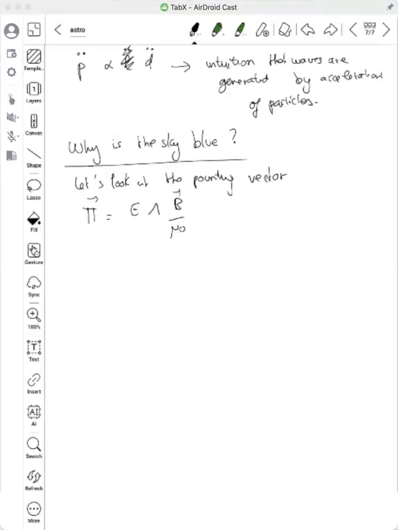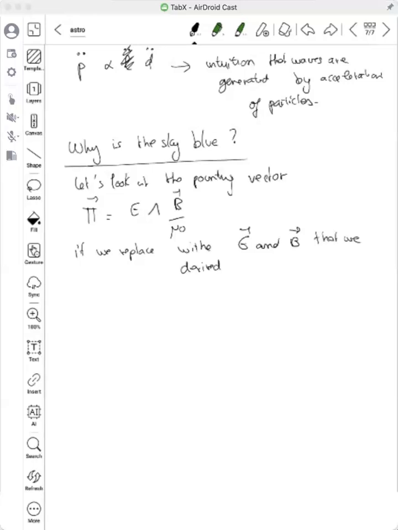If we replace with the values of E and B that we derived, I let you do this.